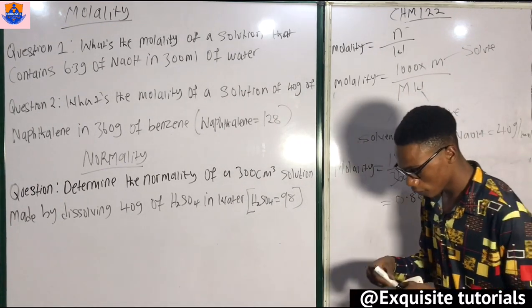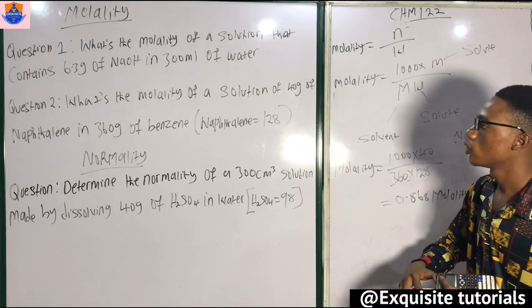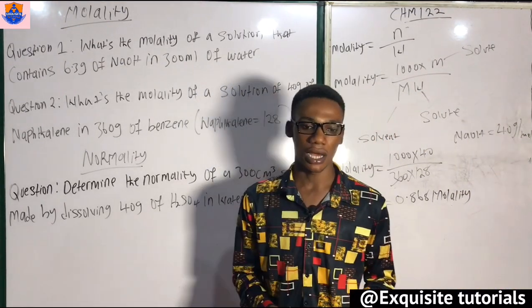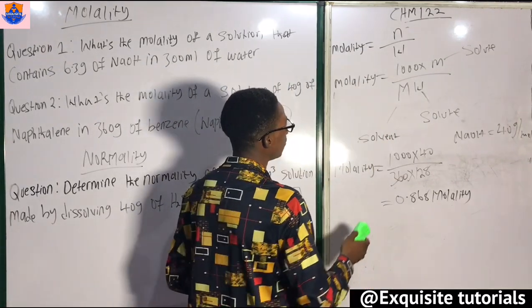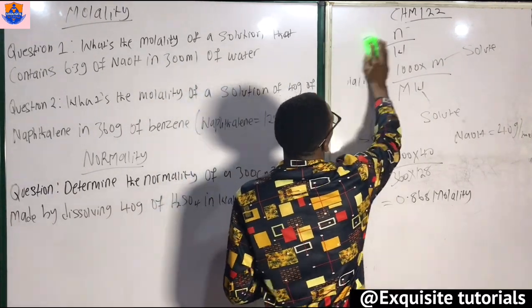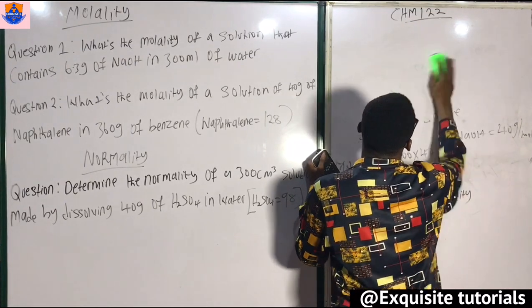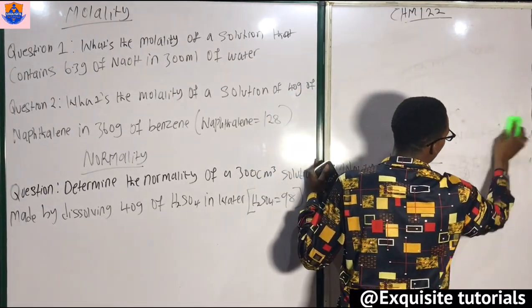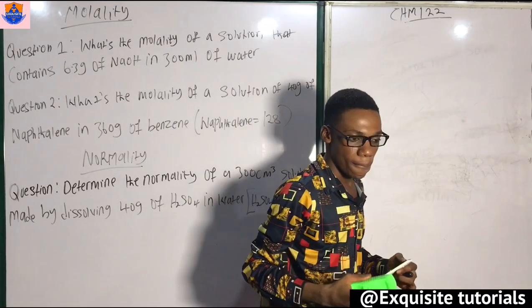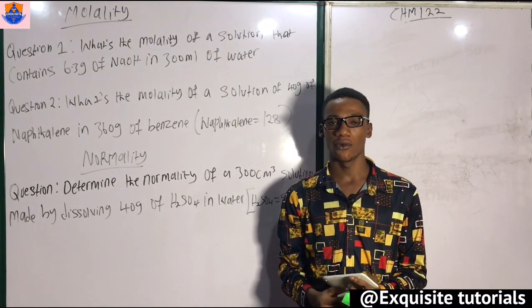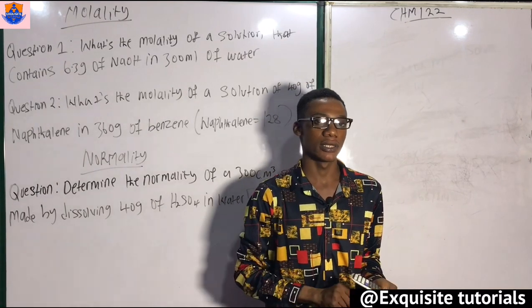Okay, so strictly, we are going to normality. Normality is actually simpler compared to molality. Now, this is a straightforward formula for calculating normality.